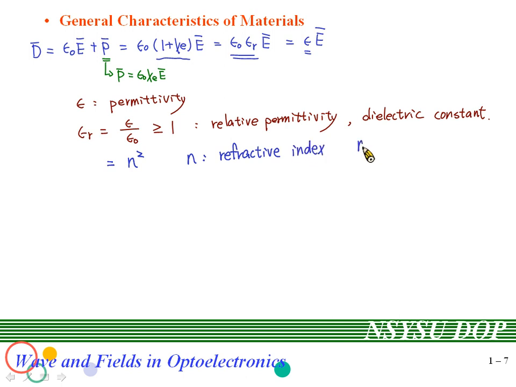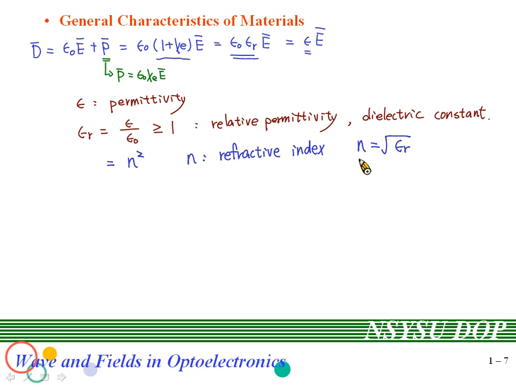So n equals the square root of epsilon R. If you know the dielectric constant of a material, you can just use its square root to find the corresponding index of this material.